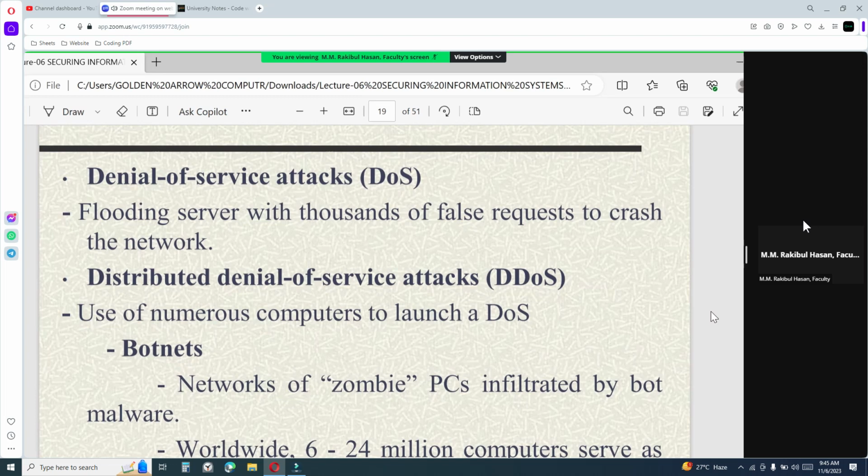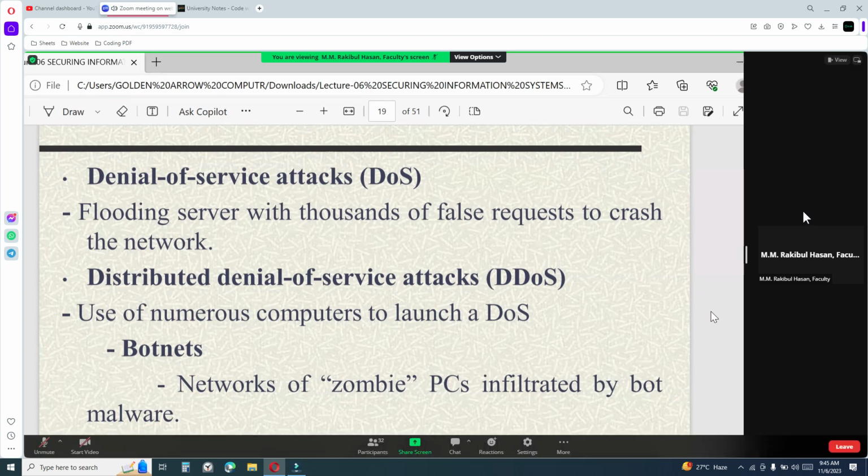In a DDoS attack, the hacker uses a number of computers. If one computer can generate 10,000 fake requests, they may use like 100 computers. So the impact of that attack will be much more severe.